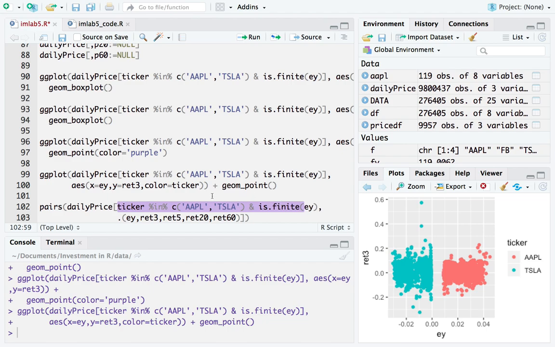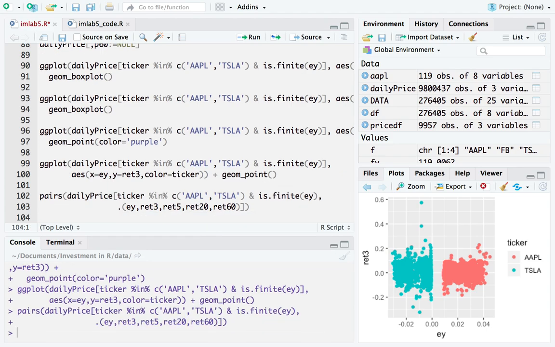I'm not just saying I want Apple and Tesla, or that I want the filter for numeric values for EY. But now after the comma, I'm filtering the columns. And you want to do this because pairs is going to force a scatter plot for each one of these columns against each other, so we only focus on the columns we want to do analysis on.